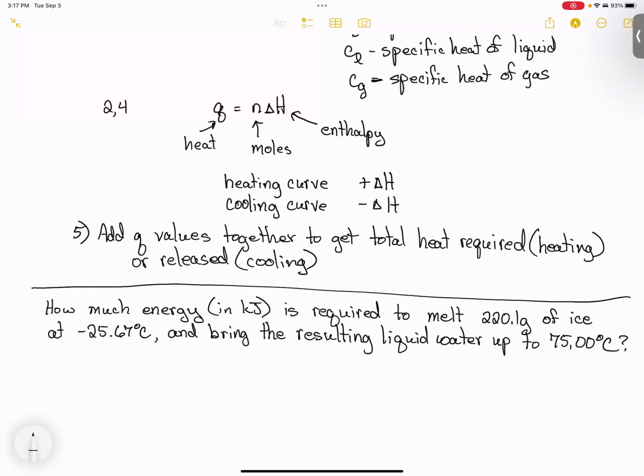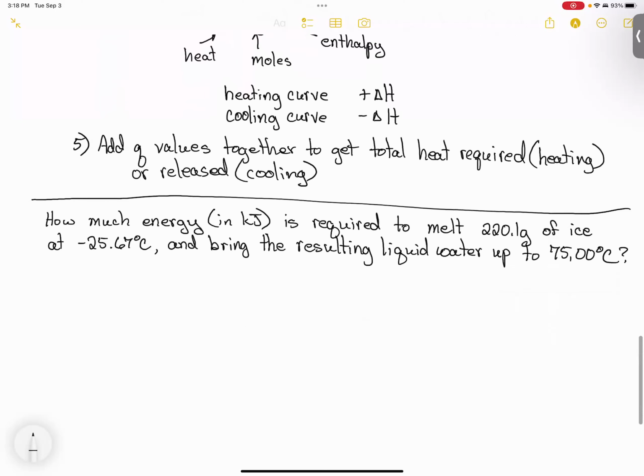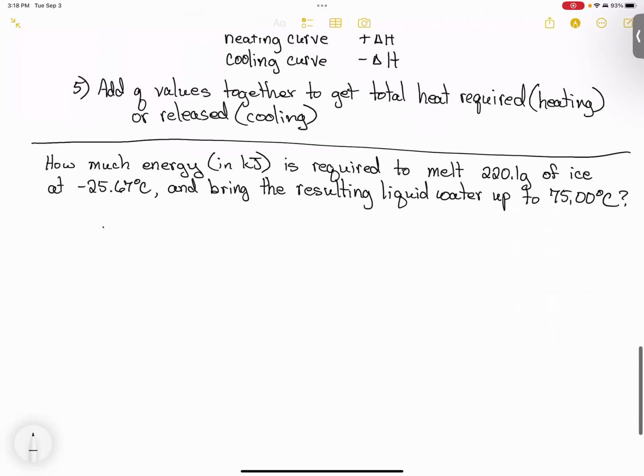Okay. Step one, heating or cooling curve? Heating, because I'm melting. I'm requiring energy. So I'm going to draw my heating curve.